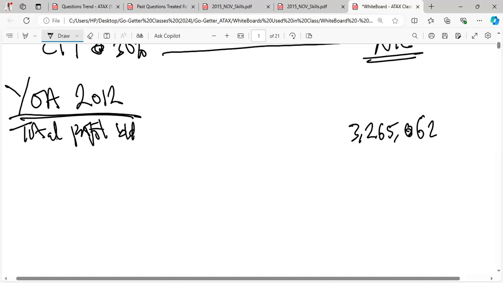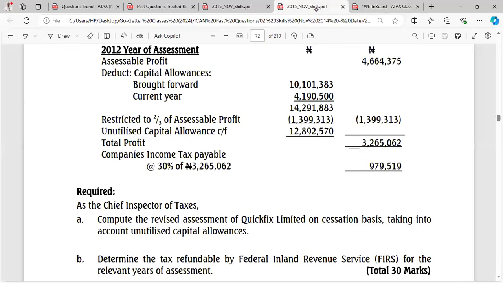Now that's your total profit brought down.